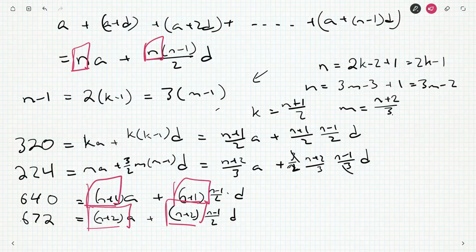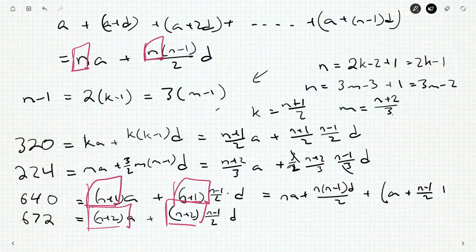So is there a way to get rid of this? So this is the sum we want, and this is plus an additional a and an additional n minus 1 over 2 d's.